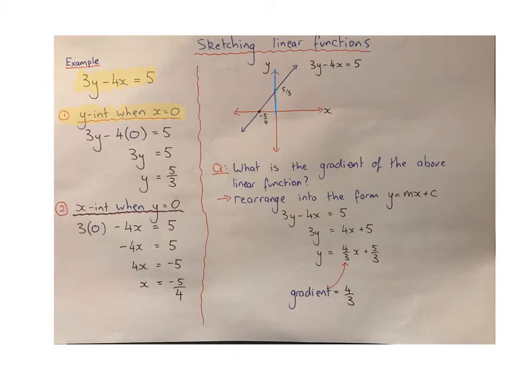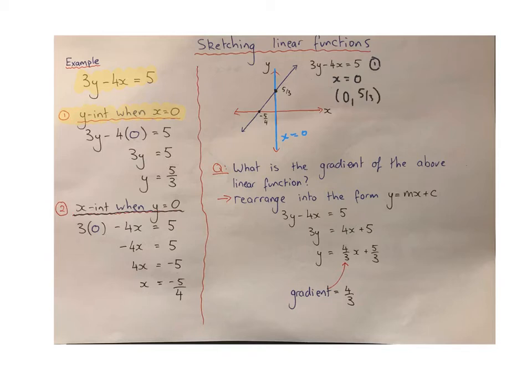So if I draw in that line x equals 0, well then, in that first step, I actually solved a very lame simultaneous equation where my first equation was 3y minus 4x equals 5, and my second was the line x equals 0. And I see the solution to that simultaneous equation is that coordinate there, which is the coordinate x equals 0, y equals 5/3.